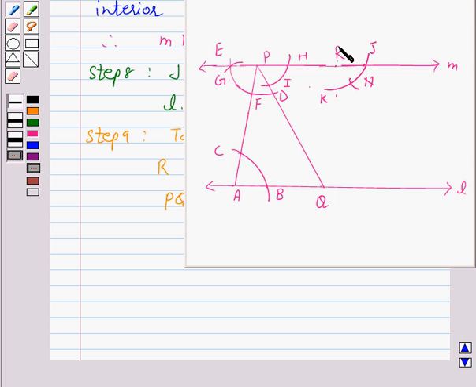Now join RN to draw a line RS parallel to PQ.